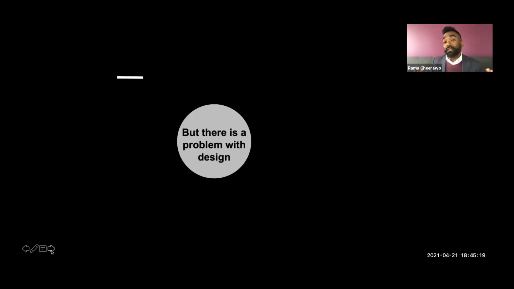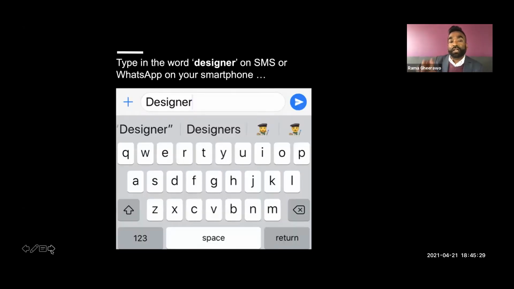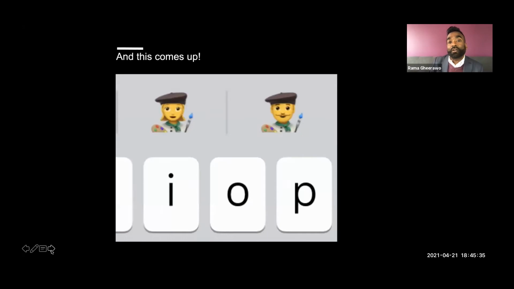And there's two words in inclusive design, and one of them is design. But there is a problem with design, and it's summed up for me in these couple of slides. If you type the word designer into SMS or WhatsApp on your smartphone, what comes up is this picture. You know, the designer as artist, the designer slightly looking like a sort of French person from the 1950s.